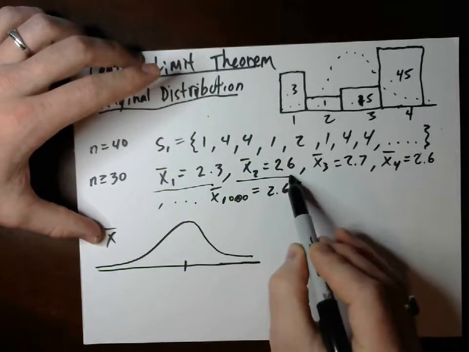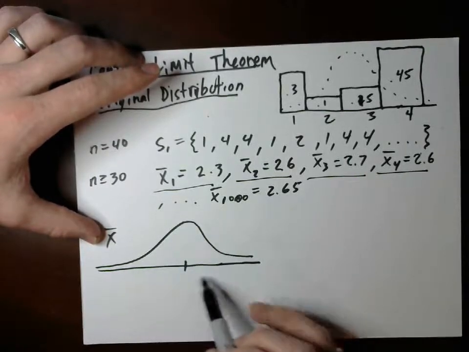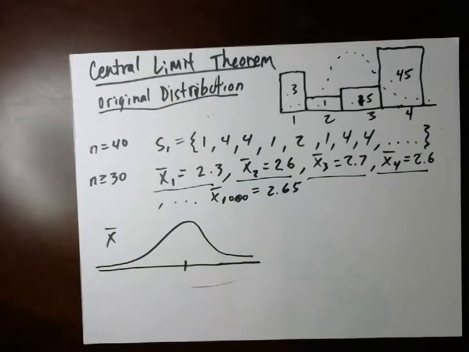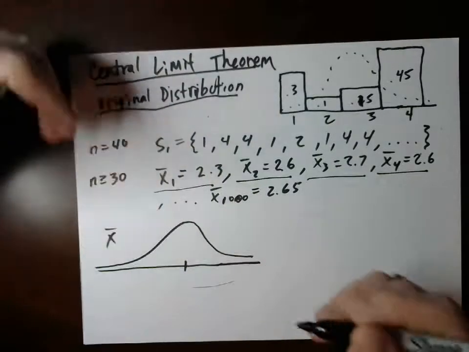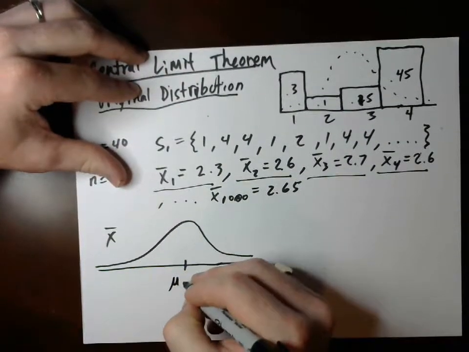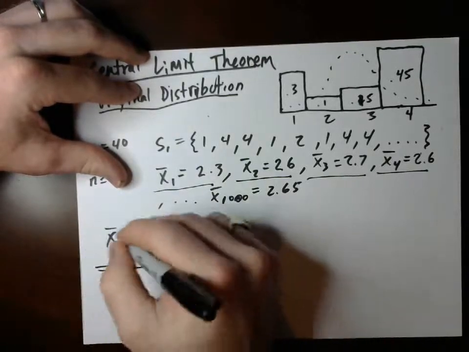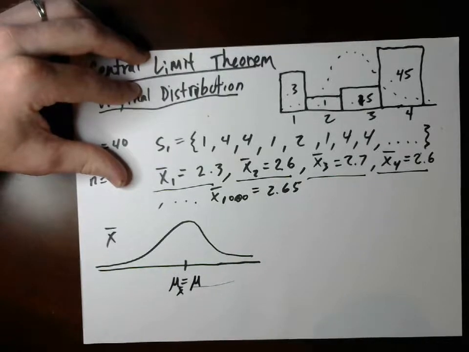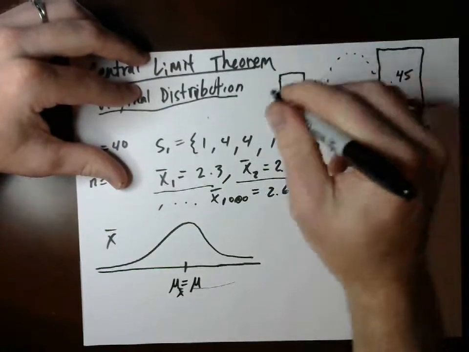The second value is 2.6, 2.7, 2.6. So we have 1,000 different values in here. This is approximately what this distribution will look like. That's why I chose 1,000, a really large number. And it will be normally distributed with mu of x bar, the mean of this distribution, equal to mu. In this case, we can find what that mu is.